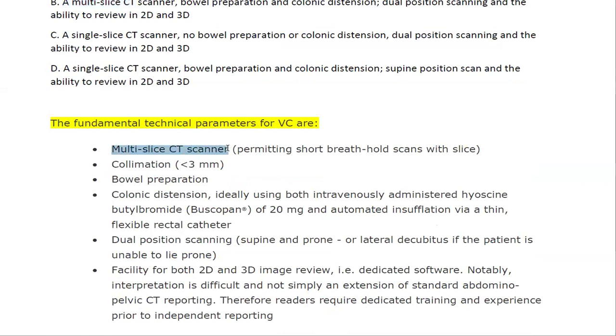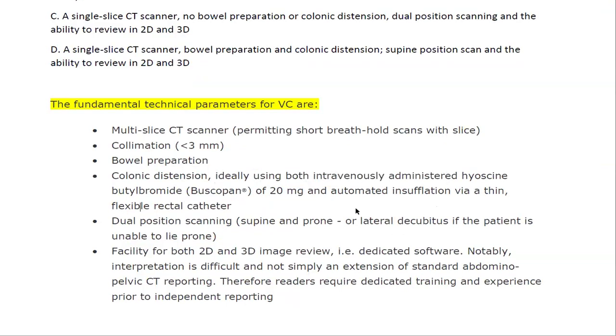It's a multi-slice CT scanner. You need collimation less than 3 millimeter. You need bowel preparation. You need colonic distension. How to do this? You will use Buscopan 20 milligram, okay, and you need an automated inflation via a thin flexible rectal catheter.